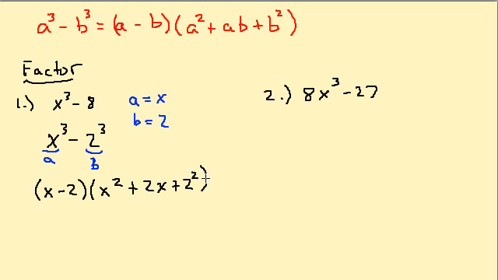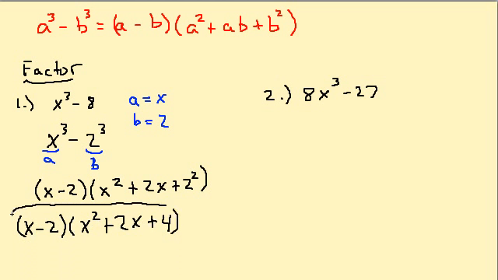And then of course we don't want to leave it as 2 squared, so we write x minus 2 times x squared plus 2x plus 4. And there's my final answer.